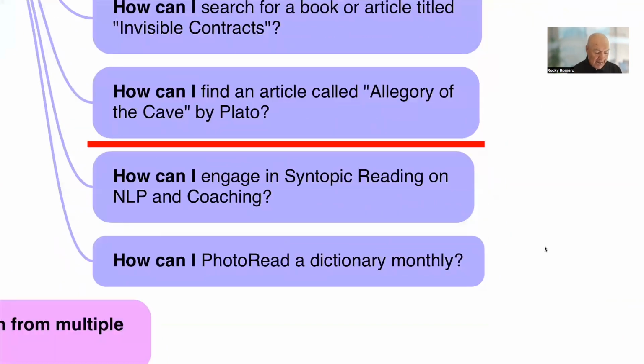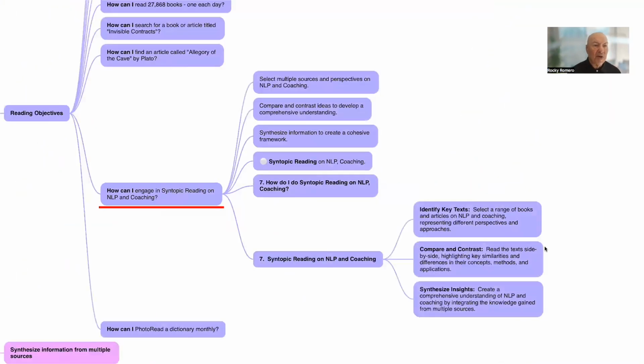Going on, how can I engage in syntopic reading on NLP or coaching? As a coach, I need to be able to absorb information that is current and applicable to my clients and that would help us boost. Syntopic reading is one of those things that allows me to capture similar-topic books.